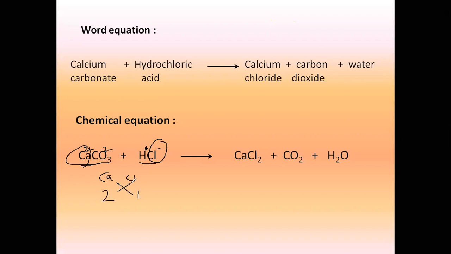Now did you get how I got CaCl2? And this carbonate CO3 forms carbon dioxide gas, and the H of HCl combines with the O to form H2O. Clear everyone? Did you understand how we got calcium chloride here? Okay.